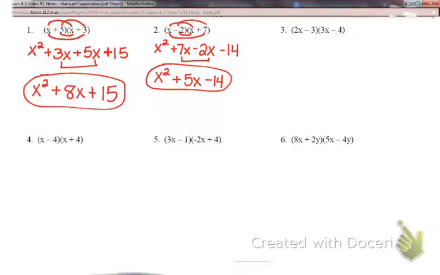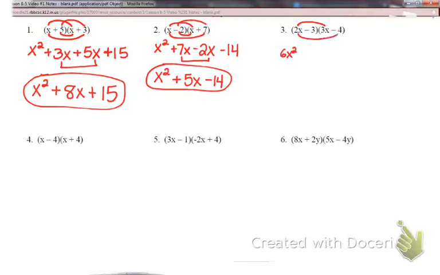In our third example, we not only have introduced some more minus signs here to watch out for, also we have numbers in front of our x's, coefficients there. So it just means that we just have to be careful when you multiply as you do each step. Let's do our firsts, like we did before. The first, 2x times 3x, gives me 6x squared.